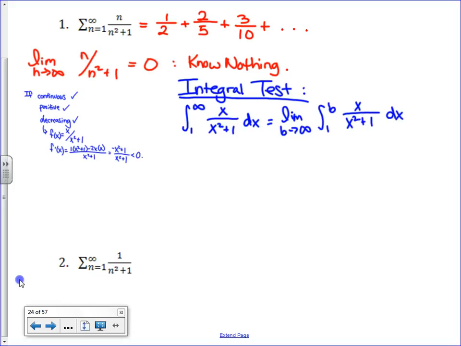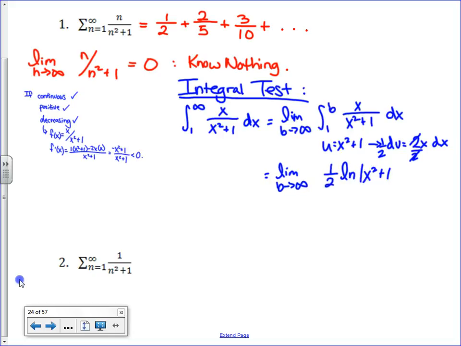Because I can say u is equal to x squared plus 1, which means du is equal to 2x dx, right? So then I have 1 over u du, but 1/2. So that's going to equal the limit as b goes to infinity of 1/2 ln of x squared plus 1. Do I need absolute value of x squared plus 1? No, always positive. From 1 to b.